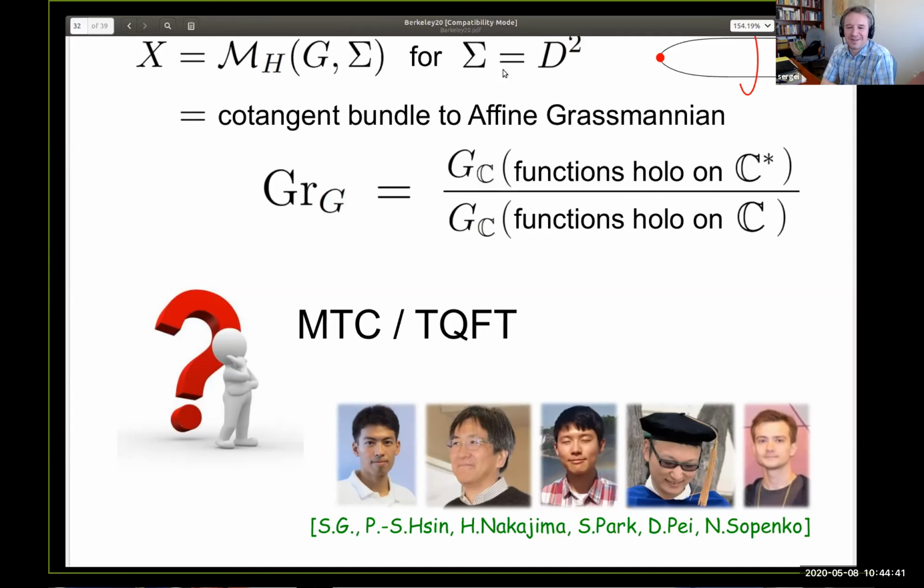The closest I can think of is what Jacob Lurie is studying. So I don't know how helpful it will be to understand actual invariants of three-manifolds. That's not clear. But I want to emphasize that even in this discussion, we had to deviate from standard MTCs very quickly.